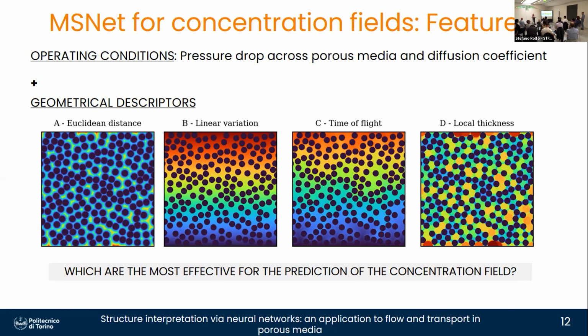And you asked me about the prediction of the flow field, right? Regarding Darcy's law in particular. This MSNet was originally conceived for the prediction of flow fields, and it works very well, and it's easier because if you work in laminar conditions, it's just a geometry problem. So you just have to provide the geometry with a geometrical descriptor, and it works very well.